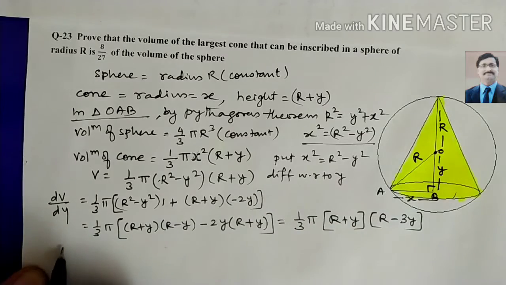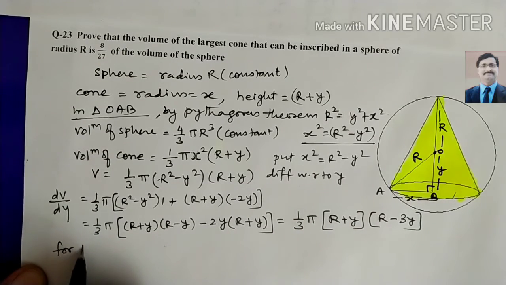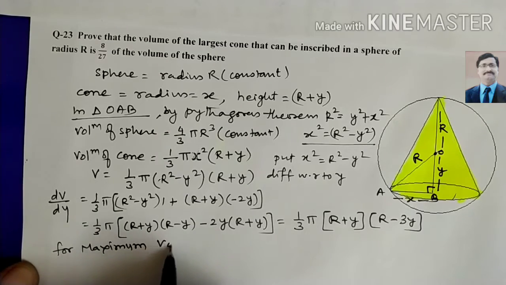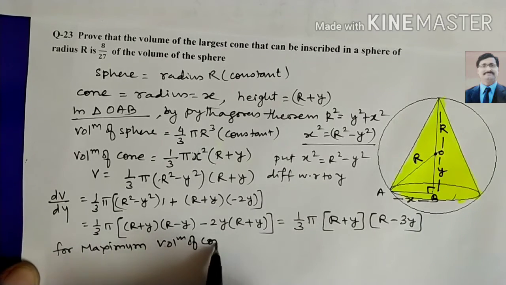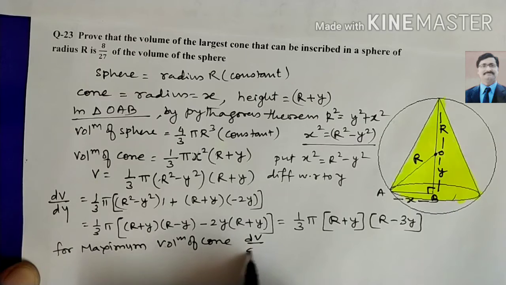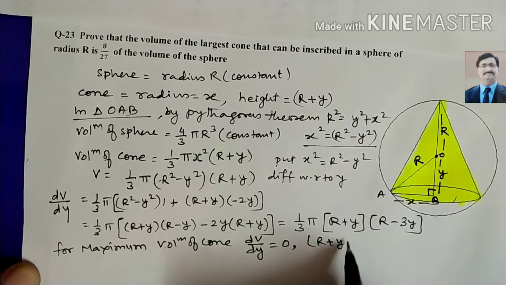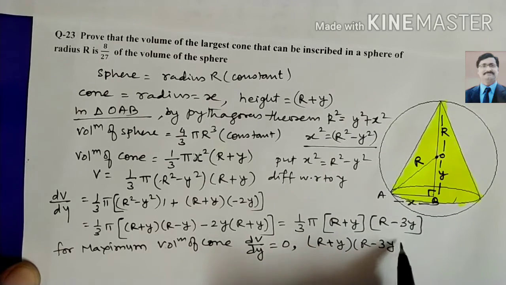For maximum volume of the cone, dV/dy is equal to 0, so we can write R plus y or R minus 3y equal to 0.